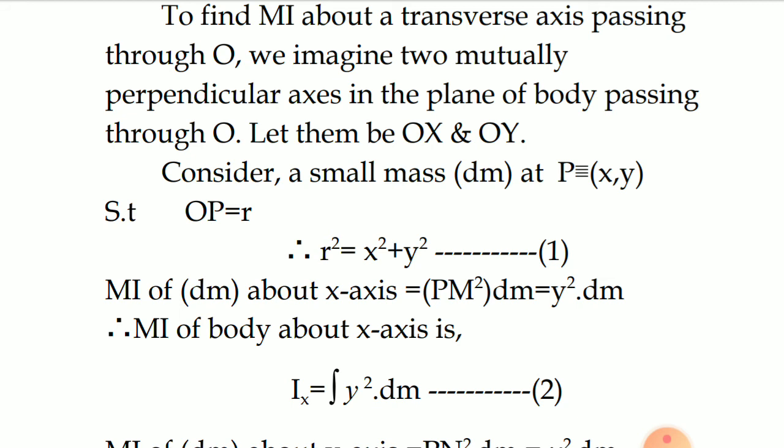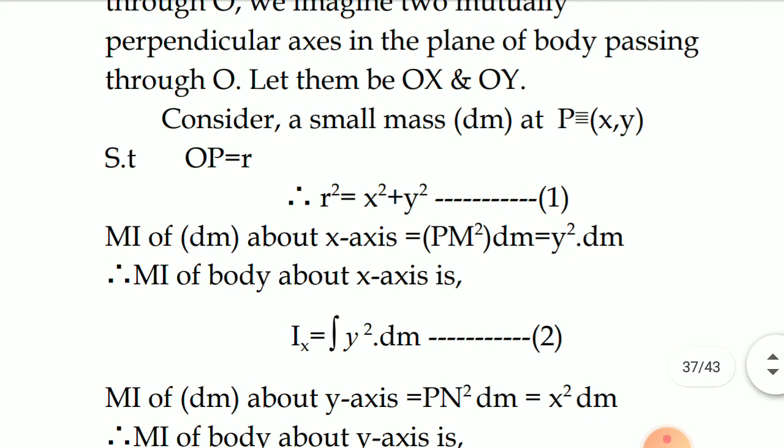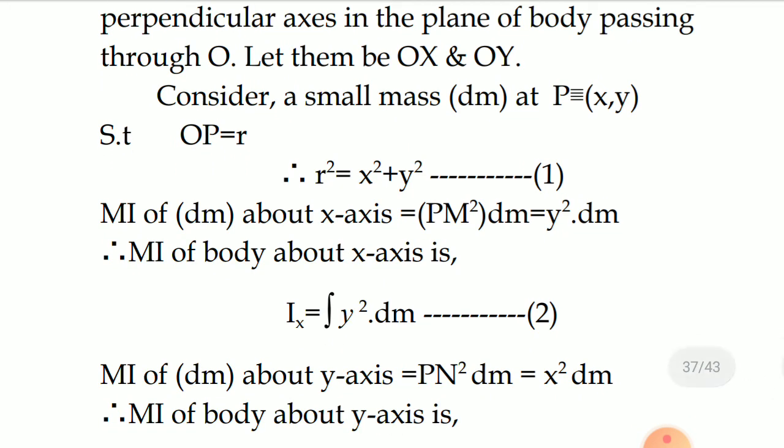Now, simple Cartesian geometry tells you that r squared is equal to x squared plus y squared. Multiply both sides by dm and you get r squared dm is equal to x squared dm plus y squared dm.